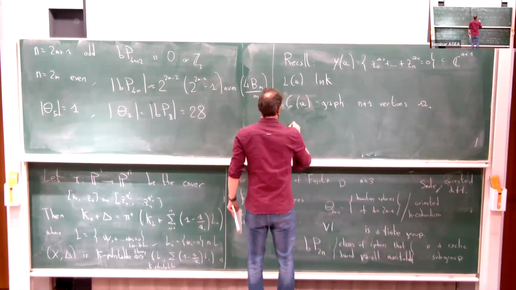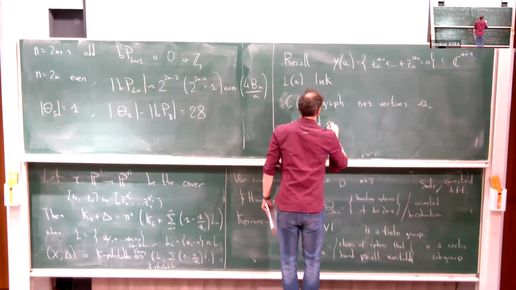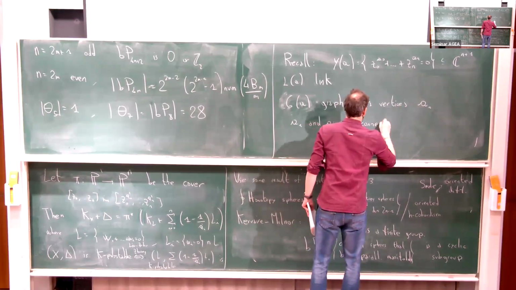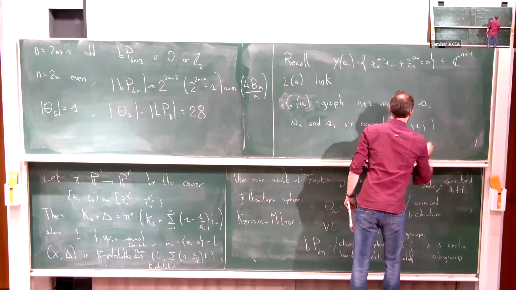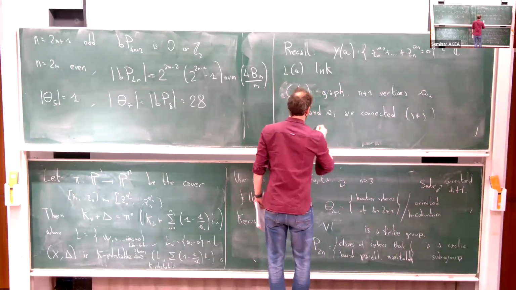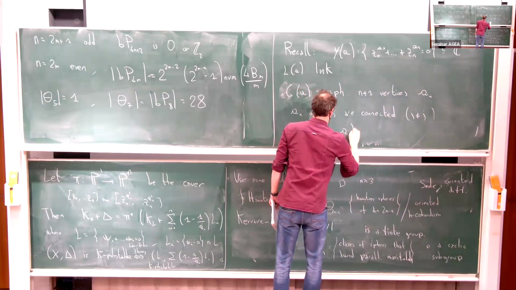Two vertices, AI and AJ, with I different from J, are connected if they have a common factor, if they are not coprime.